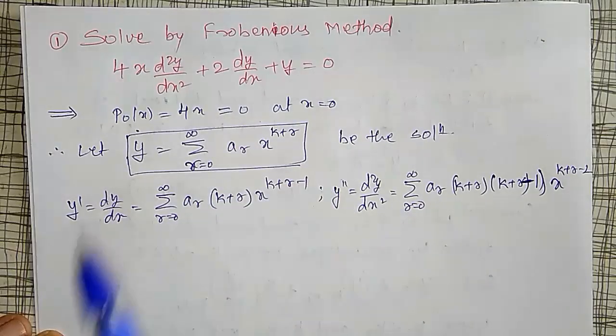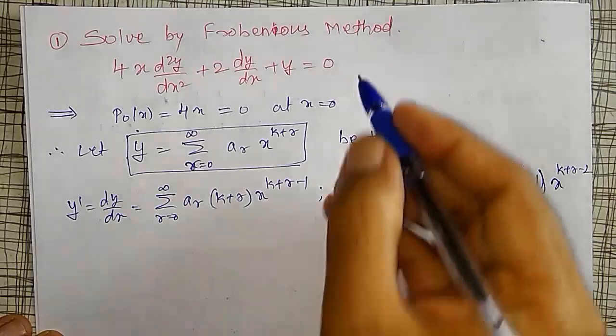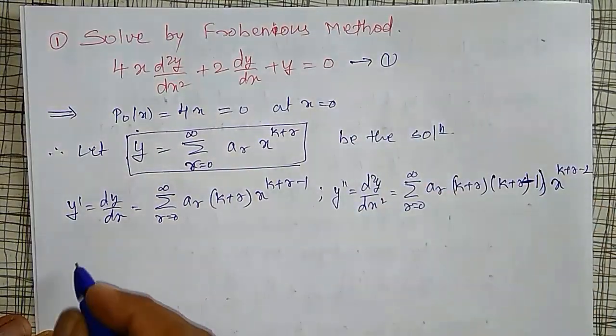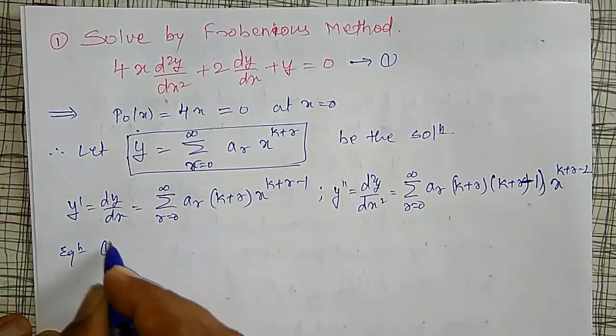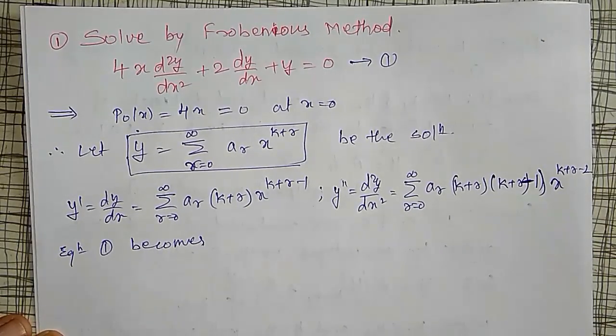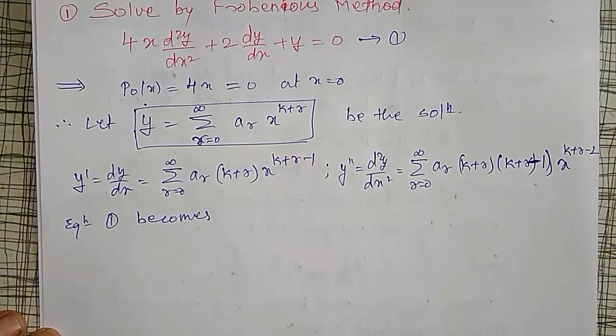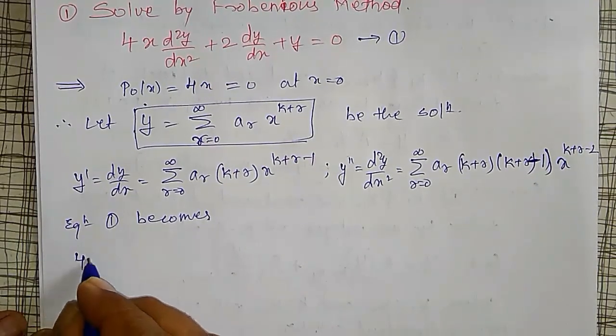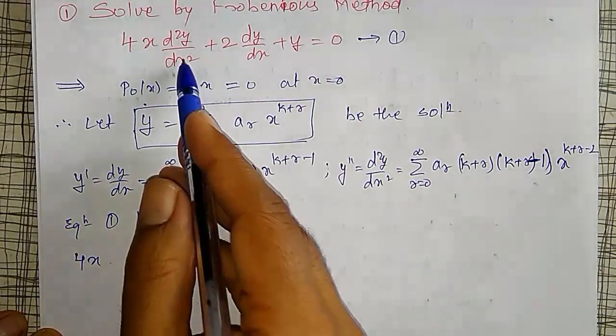Substitute these two in the given differential equation. I will call this equation number 1. Therefore, equation 1 becomes 4x into d square y by dx square.